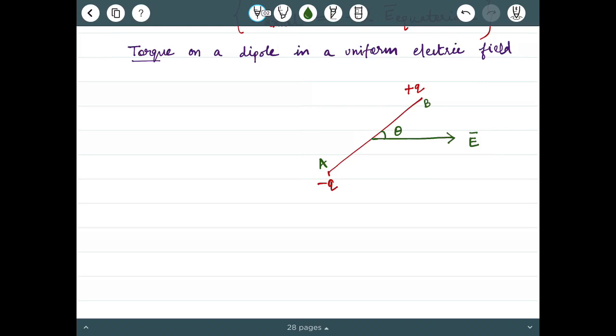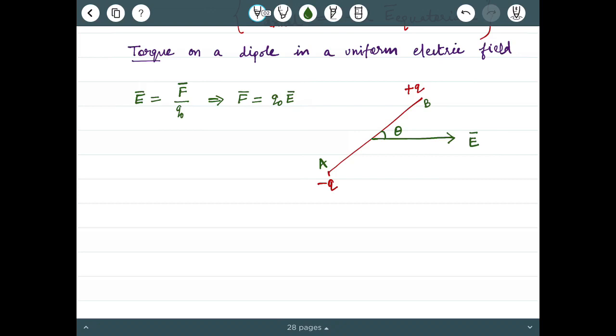From the definition of electric field, when I started, I wrote E, electric field is force per unit charge. So from that formula we can write that force is q naught times electric field.